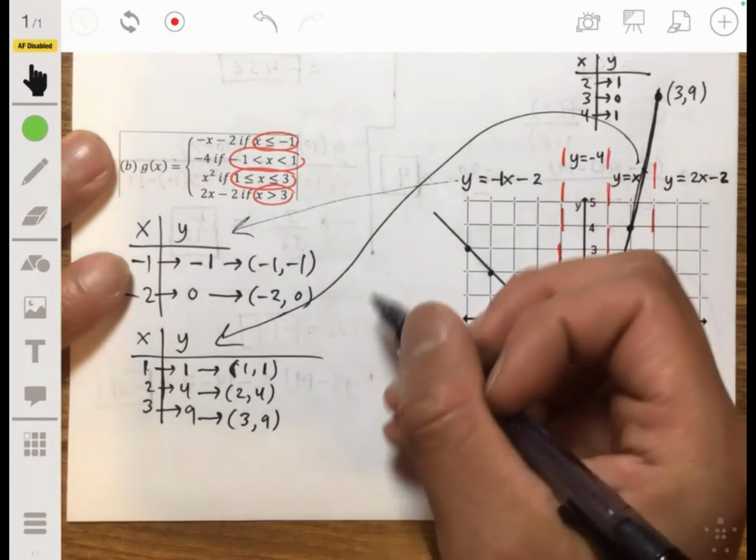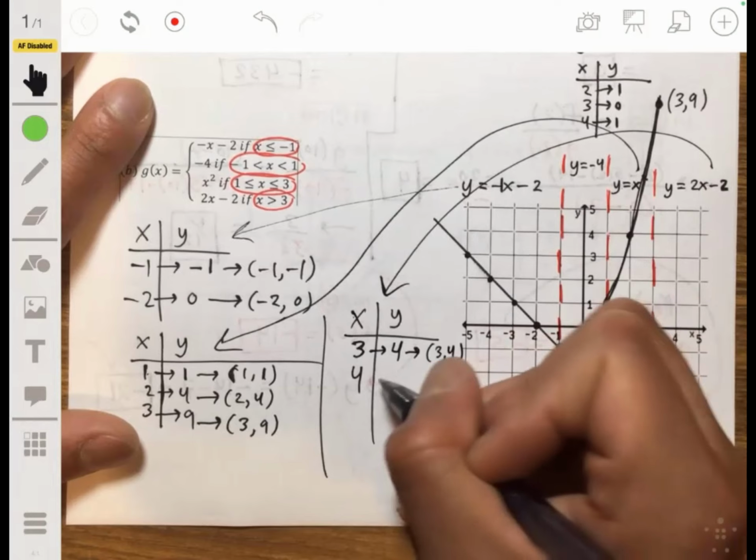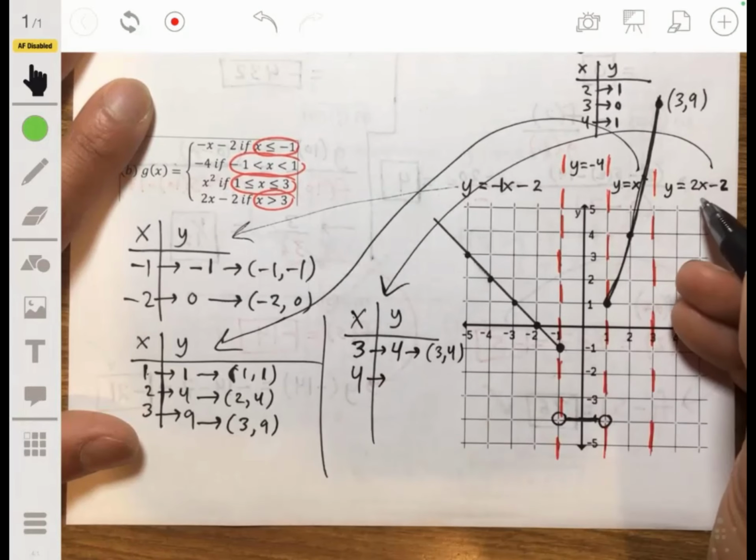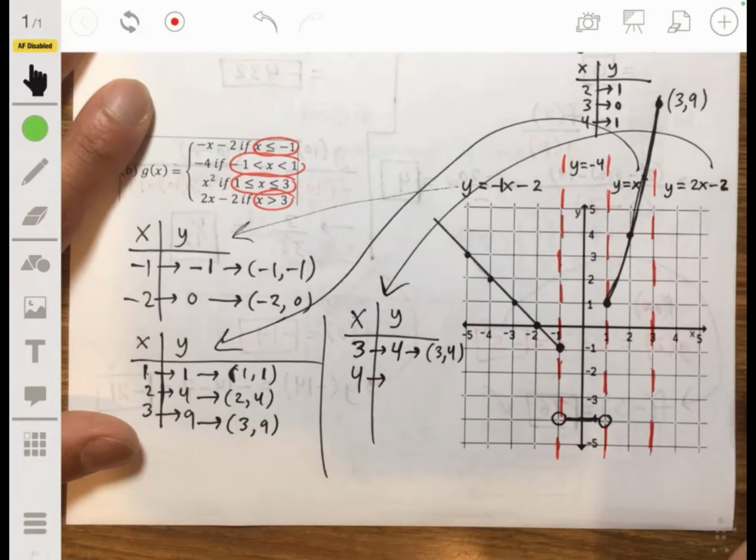Plugging 3 into x, so 2 times 3, 6 minus 2 gives 4. So we have a point at (3, 4). Plug in 4 into here. 2 times 4, 8. 8 minus 2, 6. So we have another point at (4, 6).